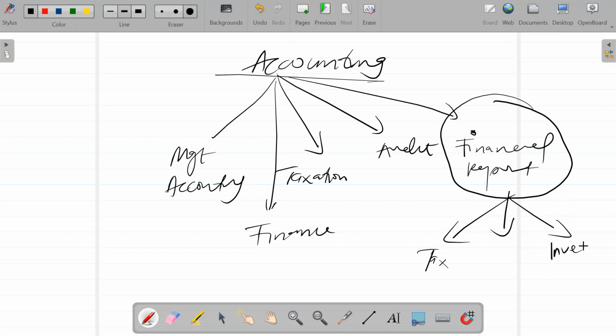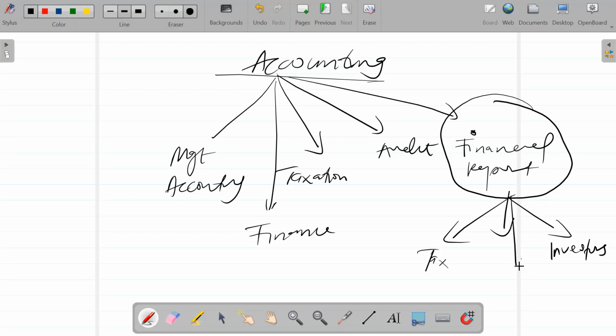Investors too. Let's say potential investors. They want to know whether this is a profitable venture, where their money will be safe, or their investment will be safe. If they invest in this company, will it be safe for us? So investors and who else?